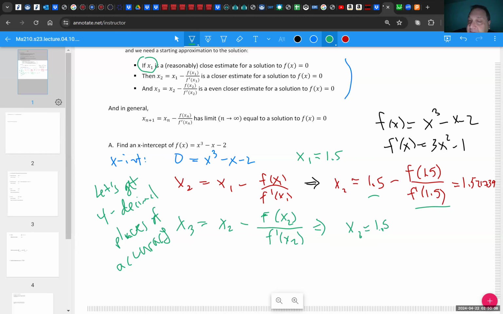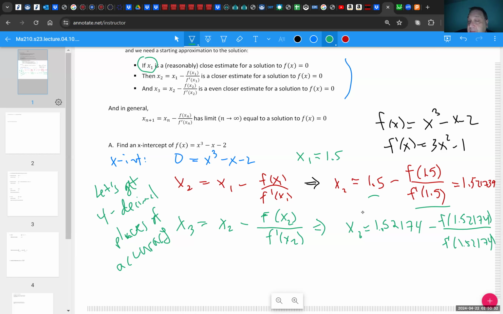So I'll do 5 decimal places. So 1, 2, 3, 4, 5. There's my 5 decimal places. And then I would subtract the value of the function evaluated at this thing, divided by the value of the derivative evaluated at this thing. I use 5 places so that at the end when I round, I still get 4 decimal places of accuracy.